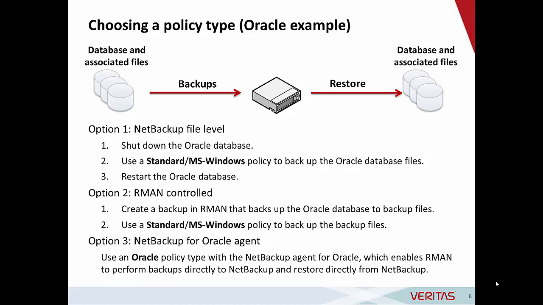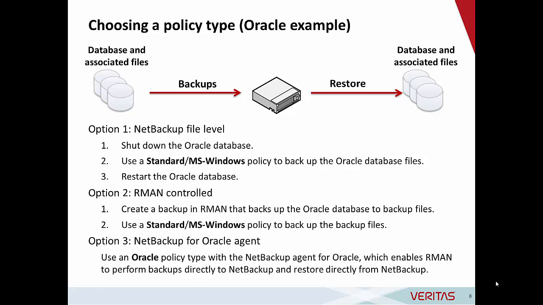Here's an Oracle example. How will I protect this Oracle database? Well, the coolest way to do it is option 3, the NetBackup for Oracle Agent, where it's fully integrated and scheduled by NetBackup, and records of the backups are being tracked in the NetBackup catalog. This usually provides the best recovery point and the best performance, but maybe I don't have the Oracle Agent, or I haven't been able to convince my DBAs to work with me to get the Oracle Agent configured.